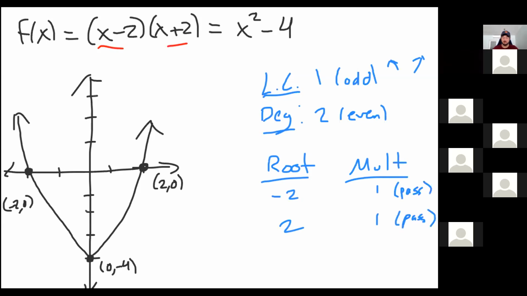And that's what we see right here. At the roots, my graph passes through the x-axis. It changes sign. Both cases, they go from negative to positive numbers. Okay? So this is the correlation between what we've already established and this new stuff, leading coefficient test and roots.